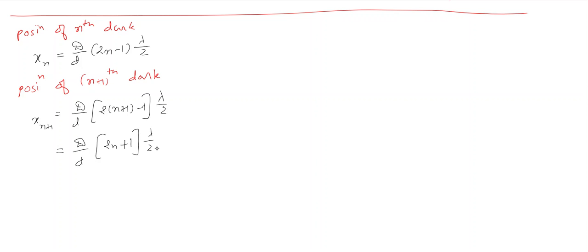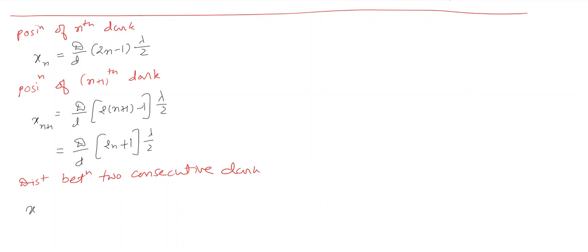Now the distance between two consecutive dark fringes, how do we find it?